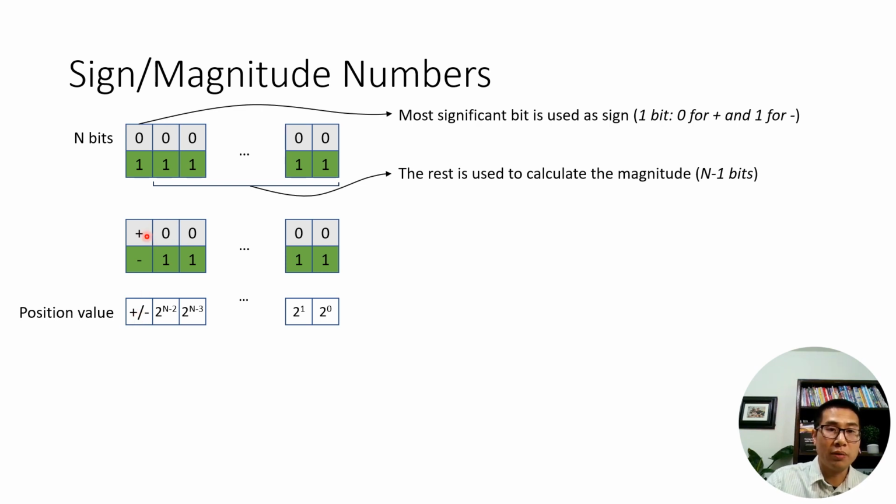So if you see 0 there, it's going to be the positive one, and if you see 1 there, it's going to be the negative one.